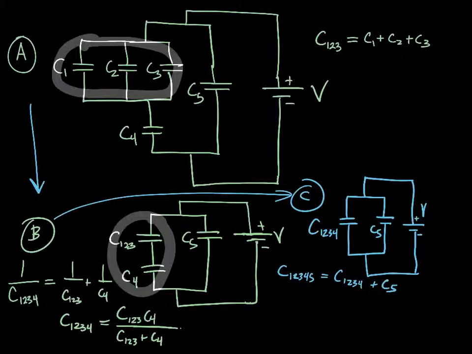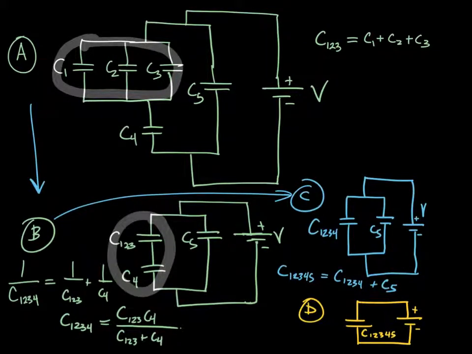And so the final version of this circuit would just be a single capacitor in parallel with the battery. And this capacitor is our final C1,2,3,4,5, the equivalent of all the above.